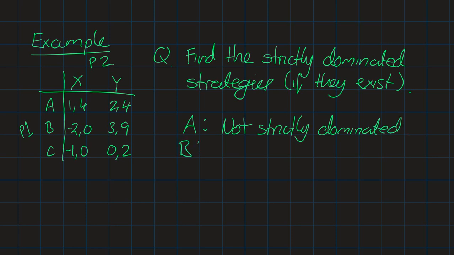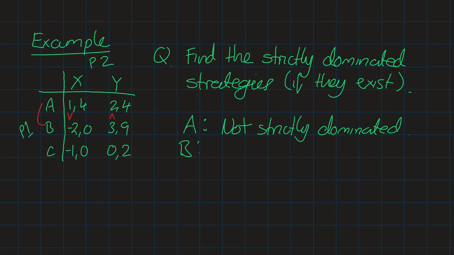How about B? If I compare A and B, I see that 1 is strictly bigger than -2. That's encouraging. But then over here in the Y column, I see that 3 is strictly bigger than 2.